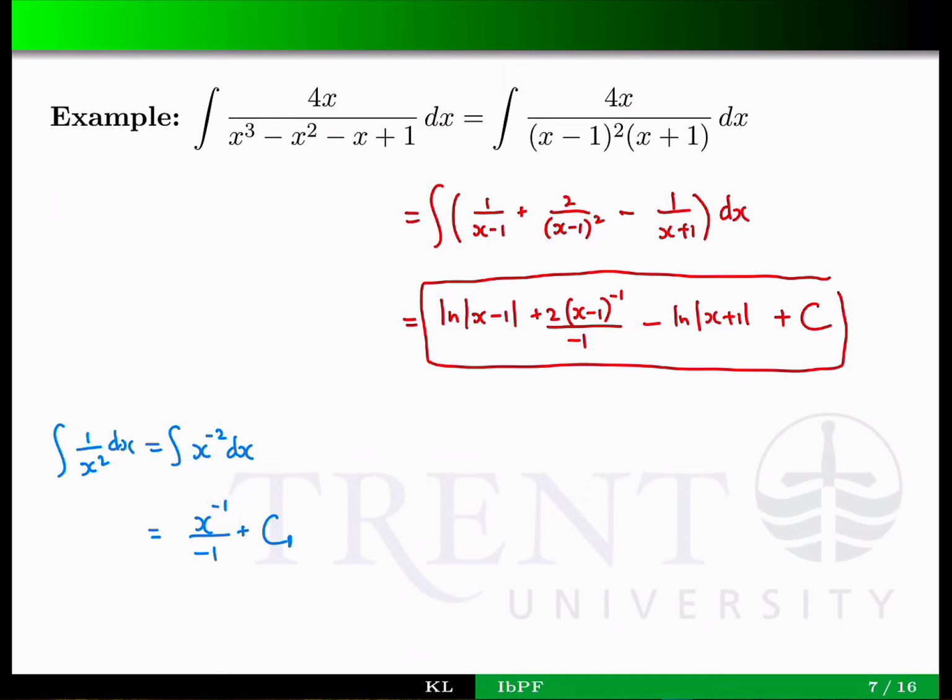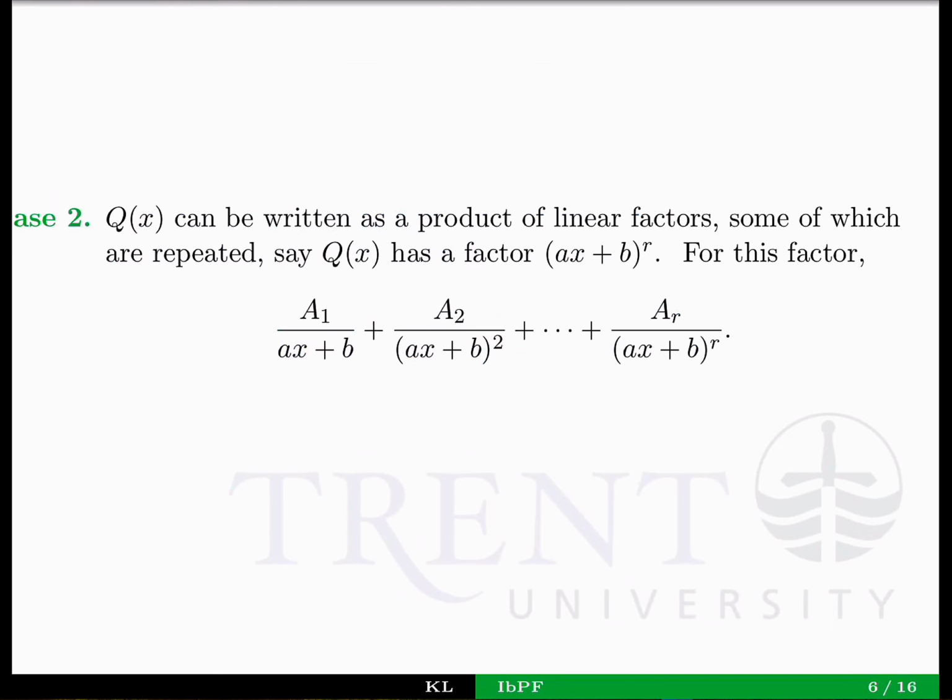Okay? So again, for this case, we have a repeated factor. Say ax plus b is repeated and it has power r. For each power of ax plus b from 1 up to the highest power r, you write a corresponding numerator.